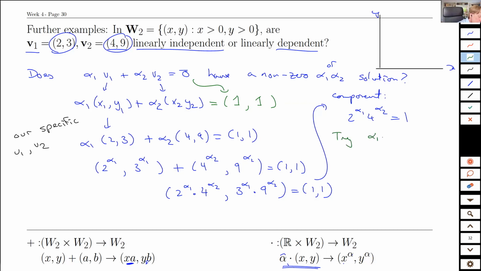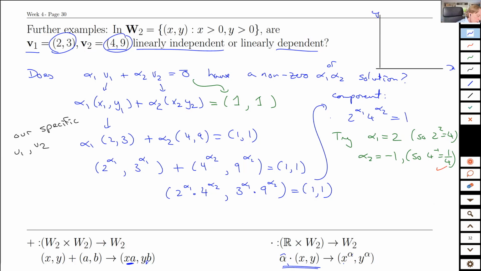So I'm going to try alpha 1 equals 2. So 2 to the 2 equals 4. And alpha 2 equals minus 1. So 4 to the minus 1 is 1/4. So if I do that, I get a quarter and I get a 4, and I'm multiplying, that equals 1. So that actually works fine.